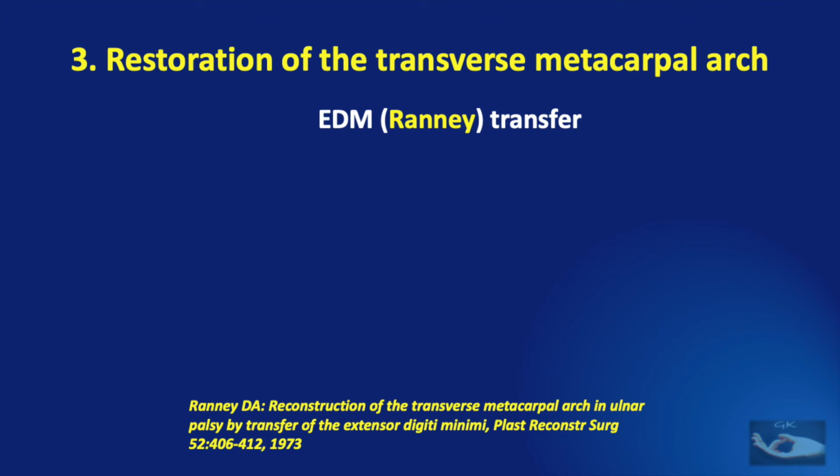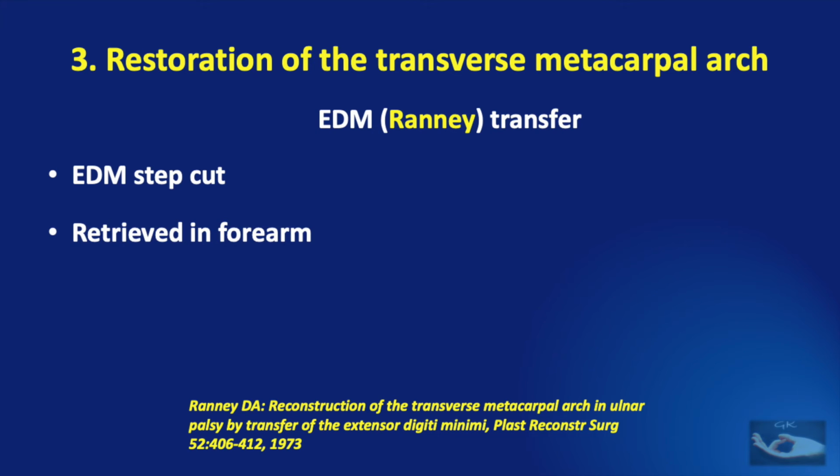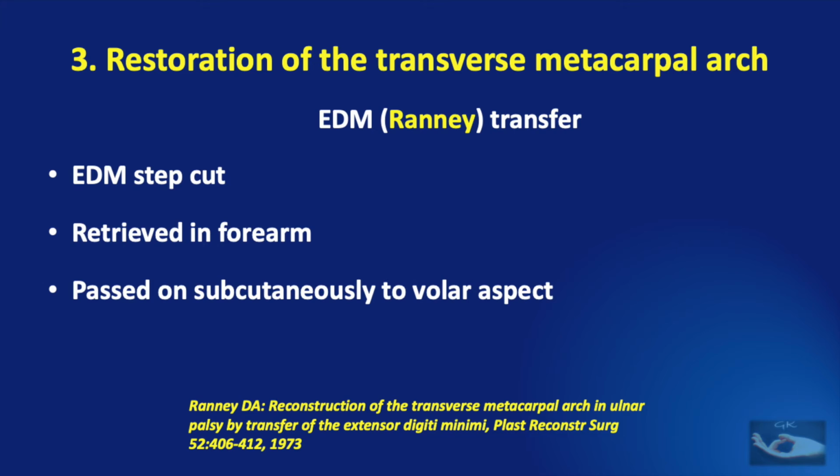The next type of transfer that can restore the transverse metacarpal arch is the extensor digiti minimi transfer described by Rani. The extensor digiti minimi is cut from its insertion into the extensor expansion at the level of the dorsum of the metacarpophalangeal joint of the little finger, retrieved proximally through another incision made on the extensor aspect of the forearm, then passed subcutaneously to the volar aspect where it is sutured to the neck of the fifth metacarpal.